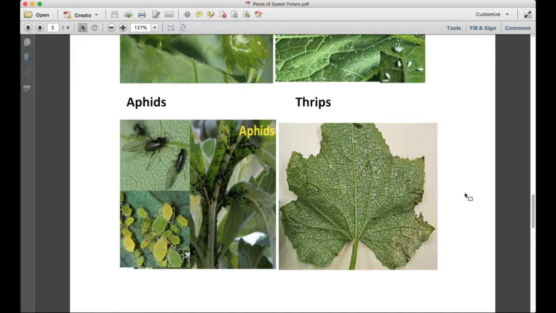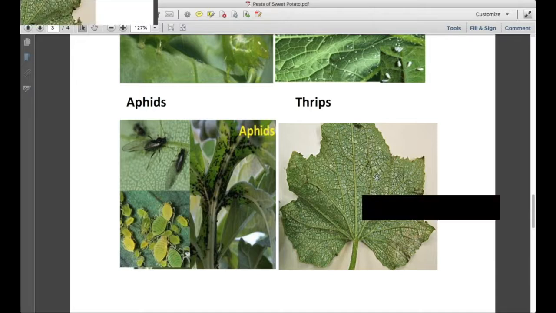When you see a sweet potato leaf, this is how the thrips damage is going to look, because they are about 0.5 to 1 mm in size. It's very difficult to see them visually in the field unless you look on the underside of the leaf. But the typical character is to look at the visual symptoms, the type of damage.